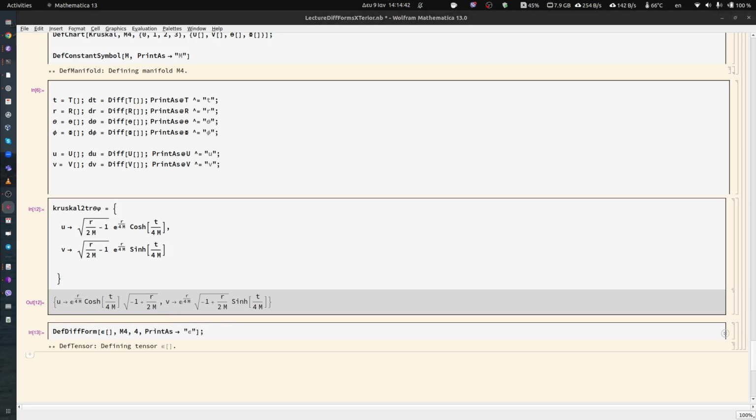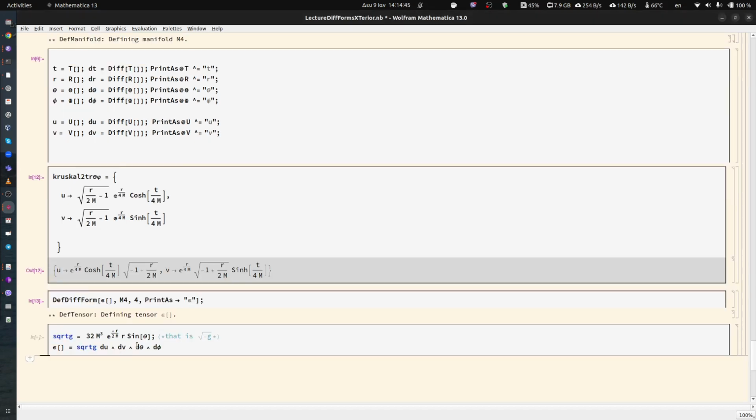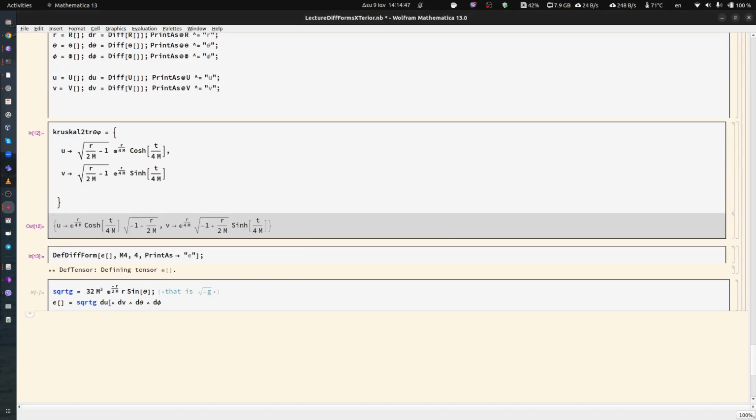And now it is given by du, dv, d theta, and d phi, where you see now that I write the shorthand notation for the differentials of the coordinate functions. Also see that in the square root of g, I don't have to put the square brackets as before for r and theta. It would have been an error in the way that we have used it before.